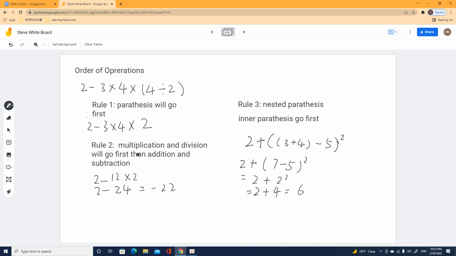And in the expression, if there exist multiplication and division, the multiplication and division will go before the addition and the subtraction. Rule 3, if there are nested parentheses, we need to calculate the inner parenthesis first. So that is about the rules of order of operations.